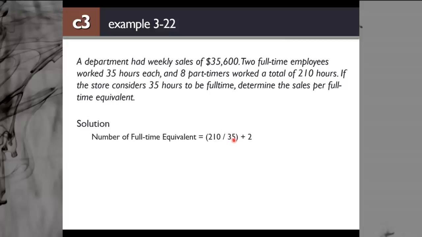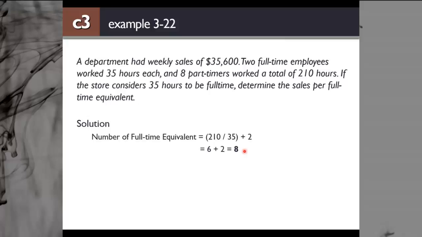So you will get 6 out of this, and you have these 2 full-time employees already, so you add these together. Your 8 part-timers are equivalent to 6 full-time workers, plus the 2 full-time employees, so you have a total of 8 full-time equivalent.